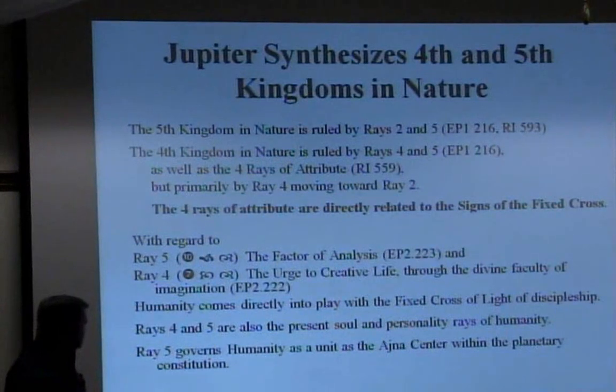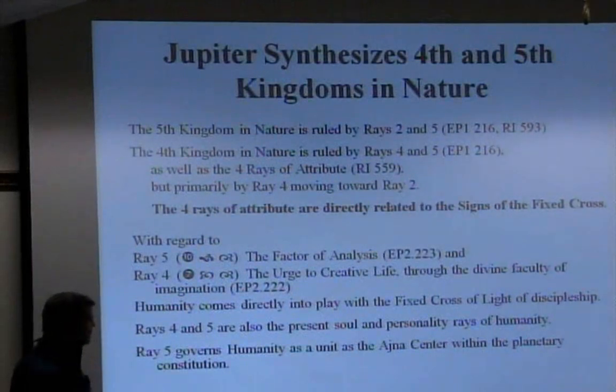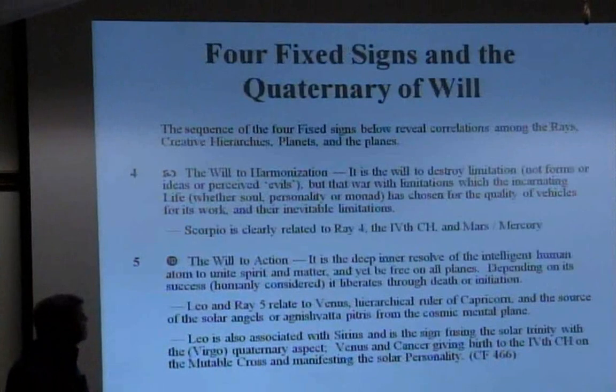The ray 5 governs humanity as a unit, as the Ajna center within the planetary constitution. So that's been discussed in previous talks today. Humanity, solar plexus, throat, and Ajna center, basically.